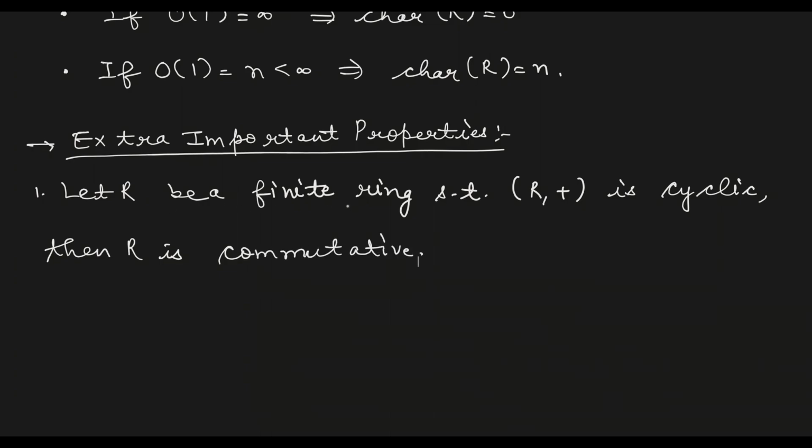So R is a finite ring, means it has a finite number of elements, such that R with respect to addition is cyclic, means it has some generator which will generate this ring R, then R is commutative.